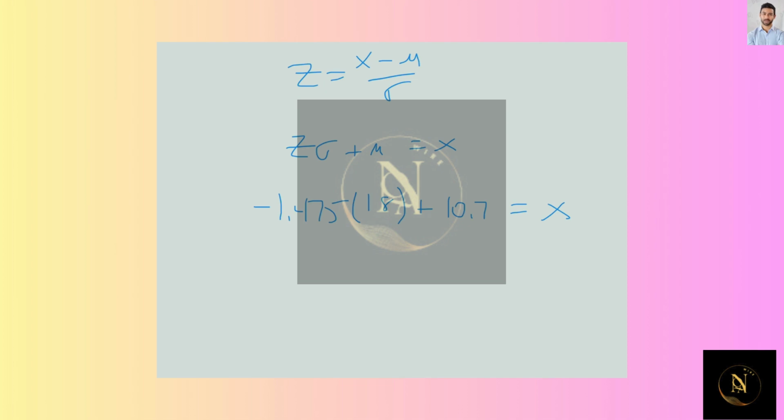Let me get that in the calculator. And that's negative 15.85. And so the 7th percentile is about negative 15.85 to 2 decimal places.